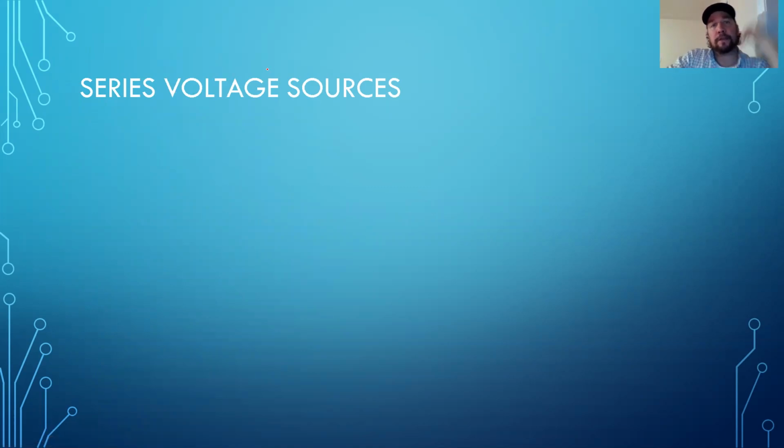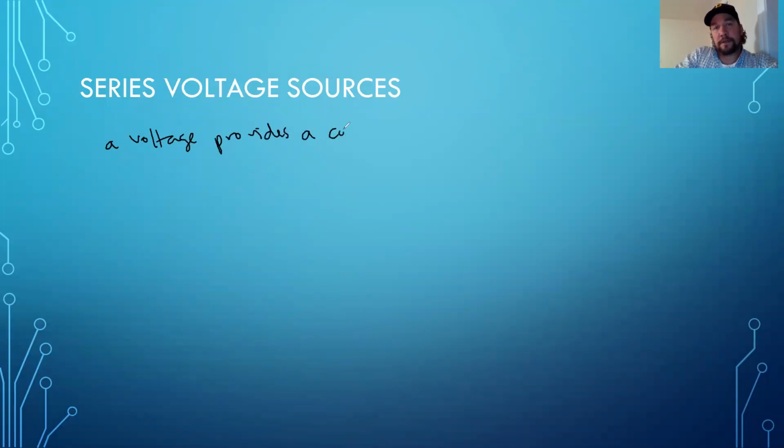So, we know that a voltage source provides a constant voltage to a circuit, right?